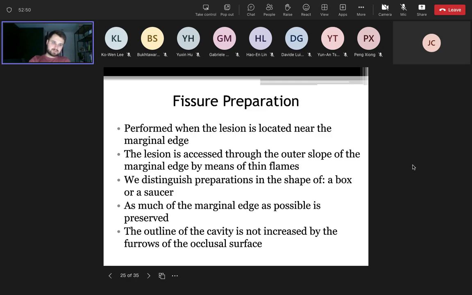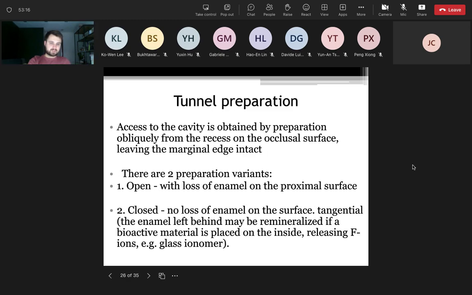Maybe I will show it also in the video at the end, because I found something really nice. Okay, we secure as much of the marginal edge as possible. We create the shape of a box or saucer. The outline of the cavity is not increased by the furrows of the occlusal surface.